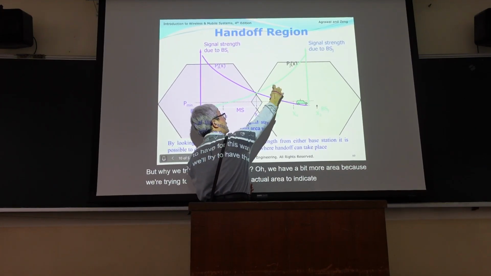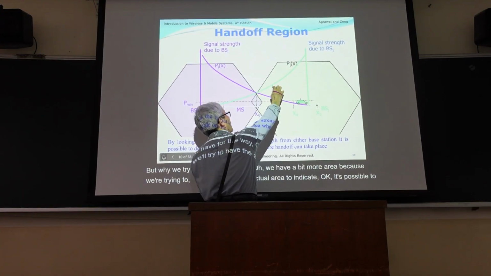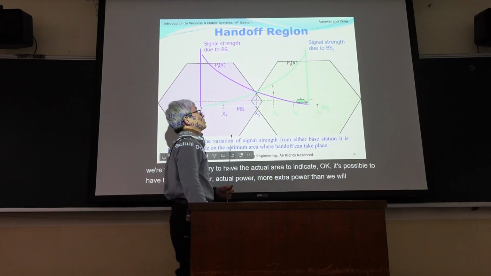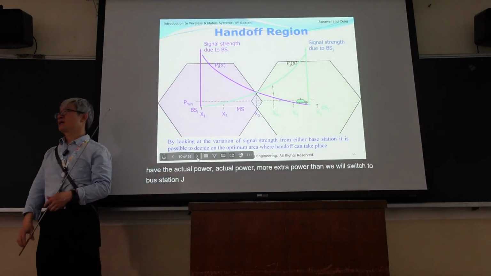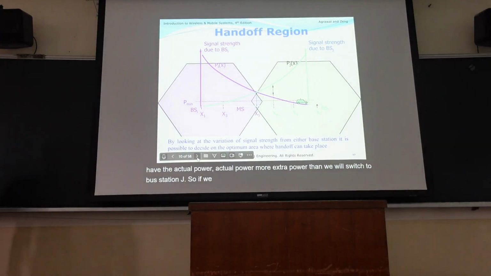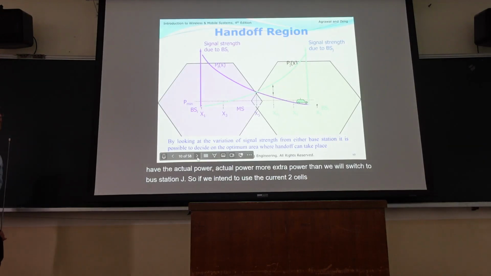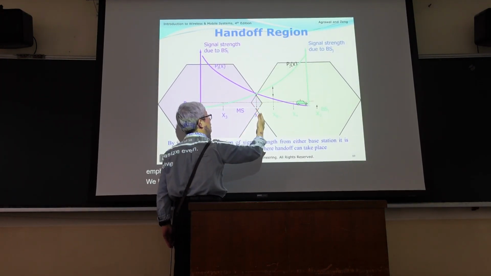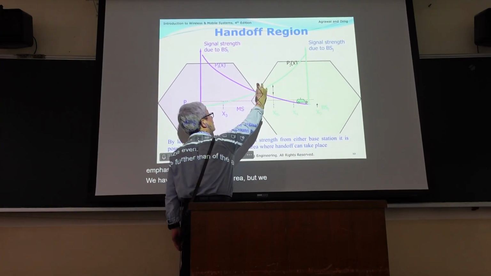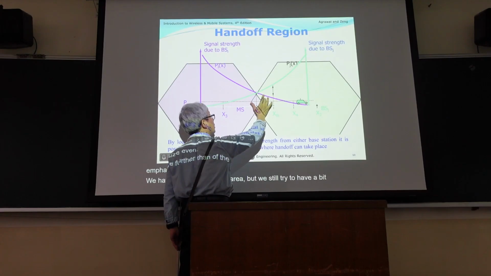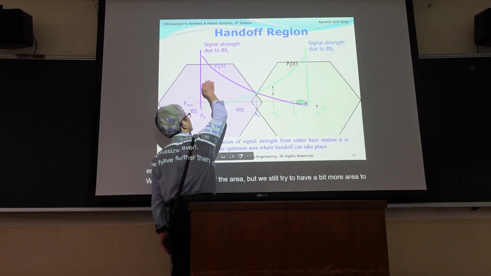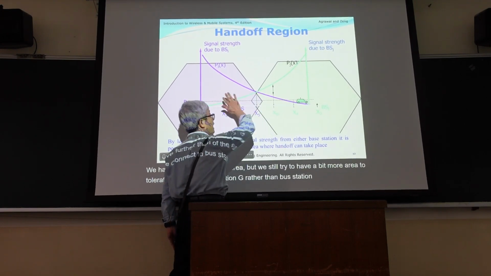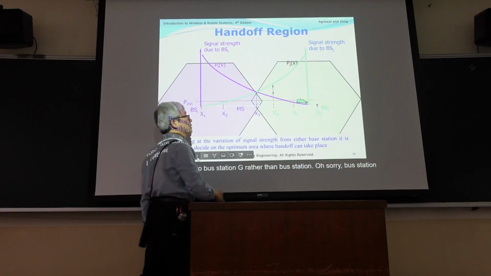It's possible to have more actual power, and then we will switch to base station J. So if we intend to use the current cell, we try to emphasize that even if we have an area, we still try to have a bit more area to tolerate connecting to base station I rather than base station J.